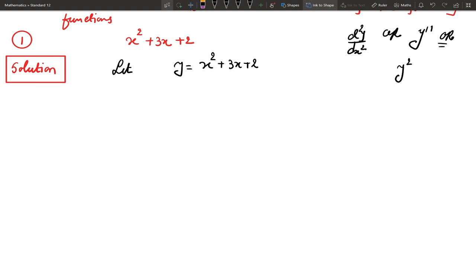So y equal to this, dy by dx is 2x plus 3.